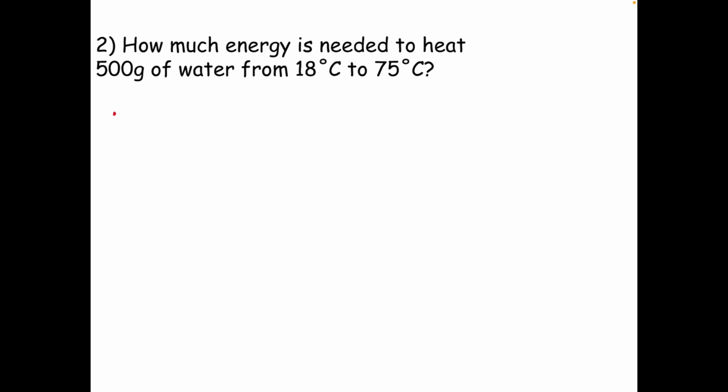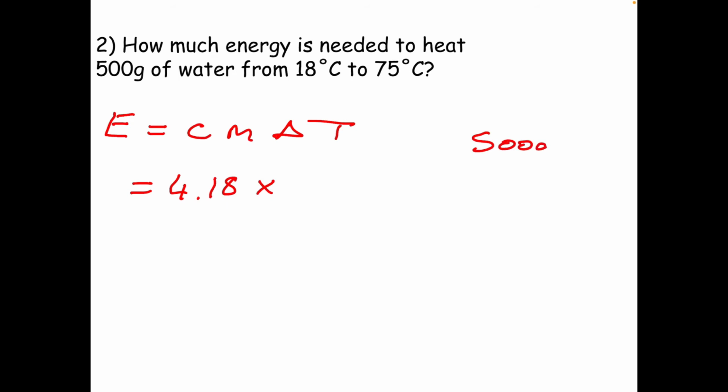So, as before, E equals Cm delta T. I told you that C would always be 4.18 if it's water we're heating, which it is in this case. Our M, we've got 500 grams here. Notice it's not in centimetres cubed, but you would still divide by 1,000 to get into kilograms, so that's going to be 0.5 kilograms.